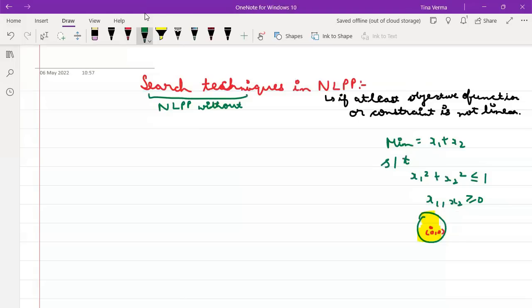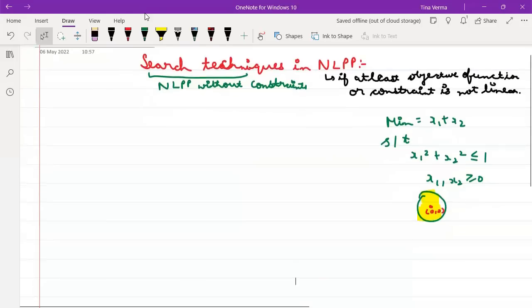That means we have only one objective function. Clear? We will do non-linear programming problem in two ways, that we will solve with the constraints and we will solve without constraints when we go for analytic solution, right? So we are considering NLPP without constraints. Clear? Just because for the non-linear, the solution can lie in the feasible region and it is very difficult to identify. That's why we are going for the searching techniques.